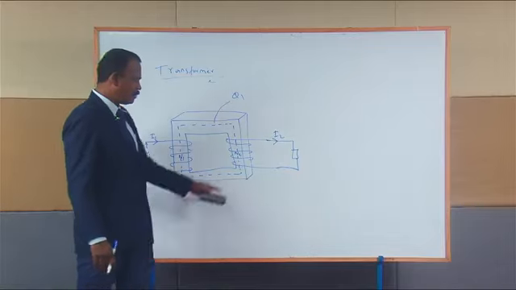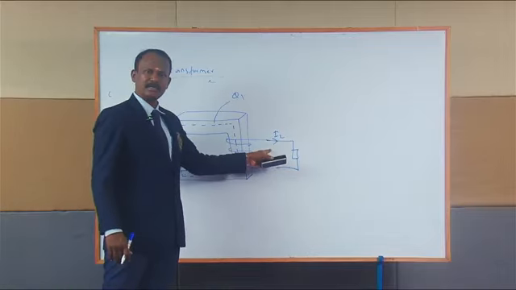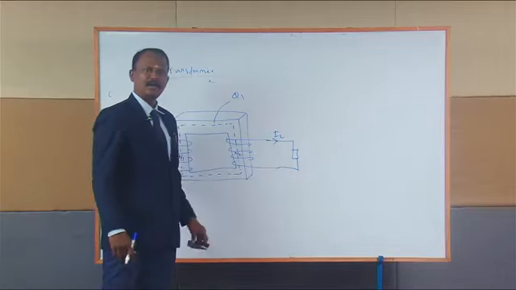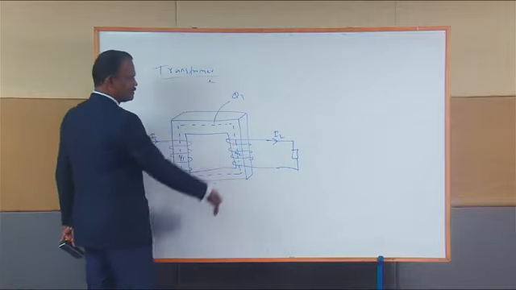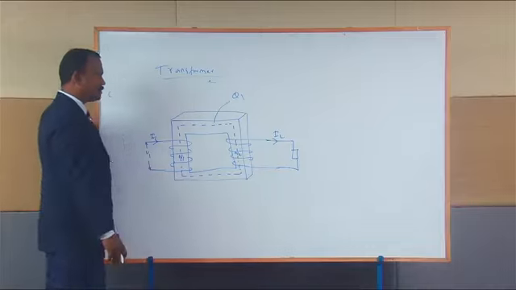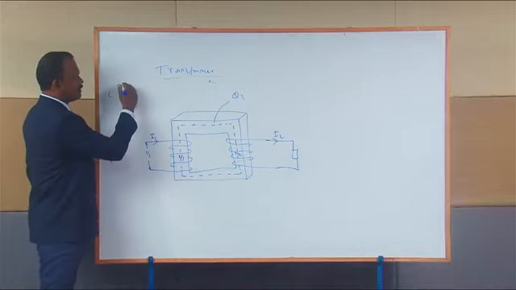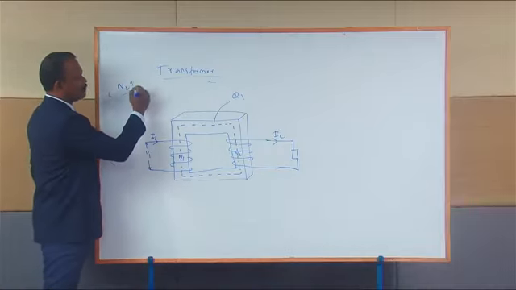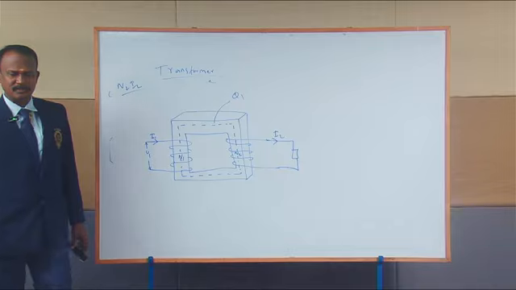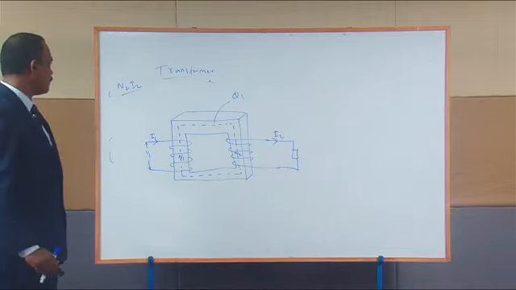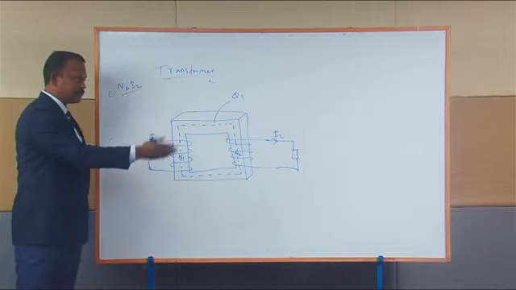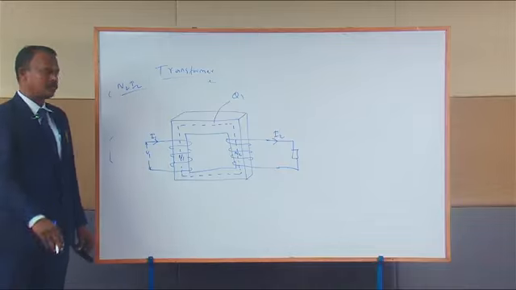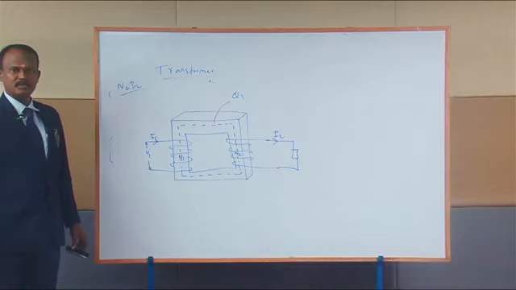What happens? We have the ampere turns N2 into I2. N2 is the number of turns in the secondary, and I2 is the current circulating in the secondary due to the load. I call it N2 I2.